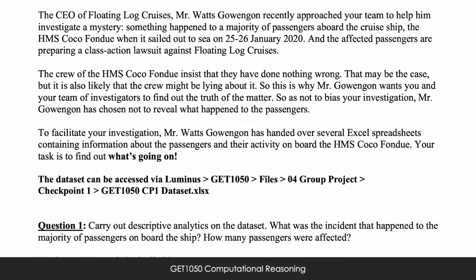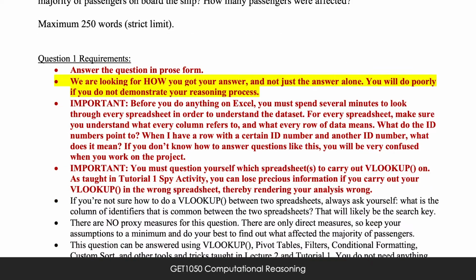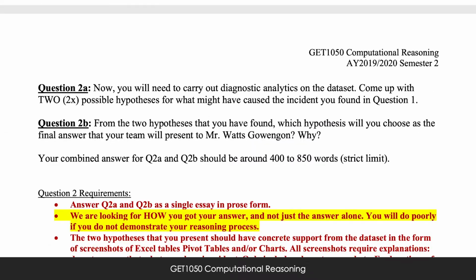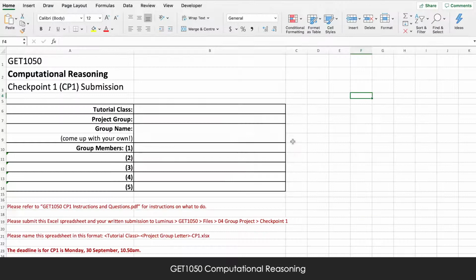Your task is to find out what's going on. Question 1 is descriptive analytics: find out what on earth happened to the majority of passengers on the ship. Question 2 is, now we know what happened to the majority of passengers, so what caused it?